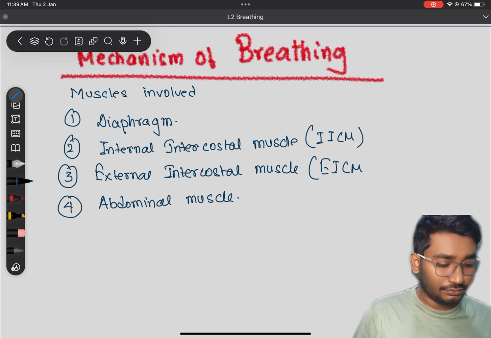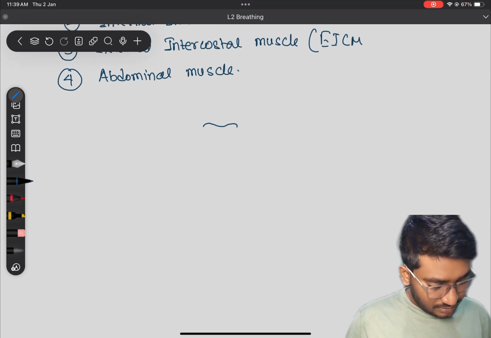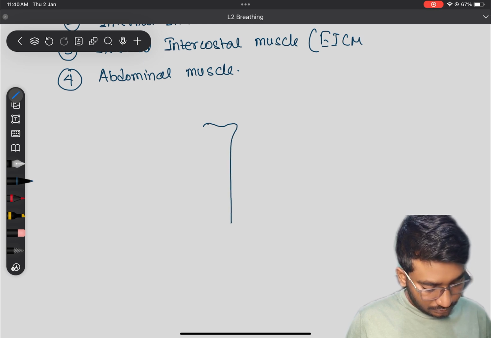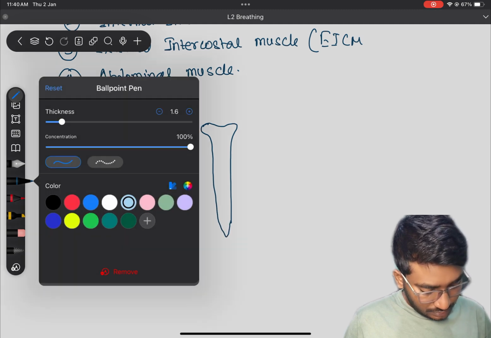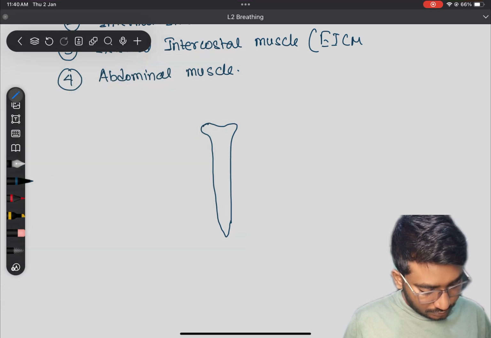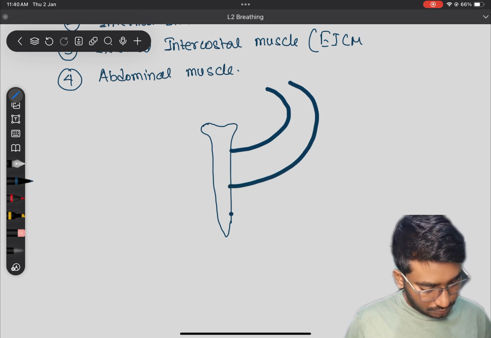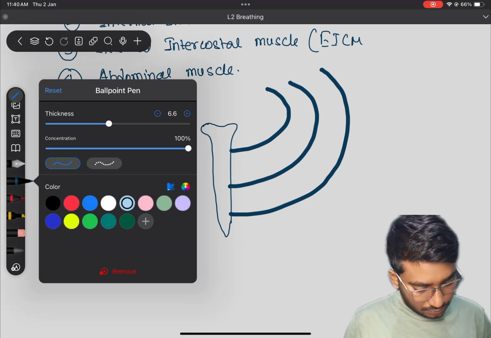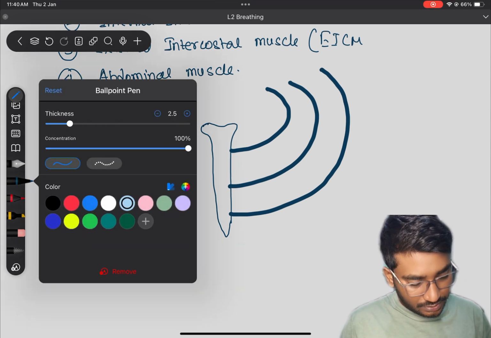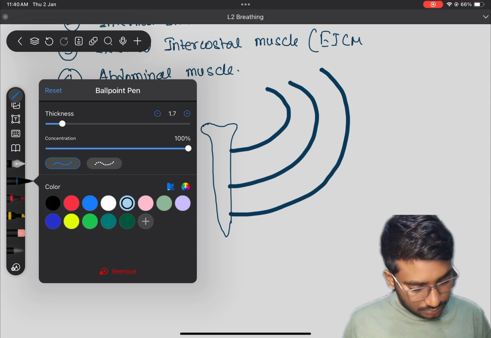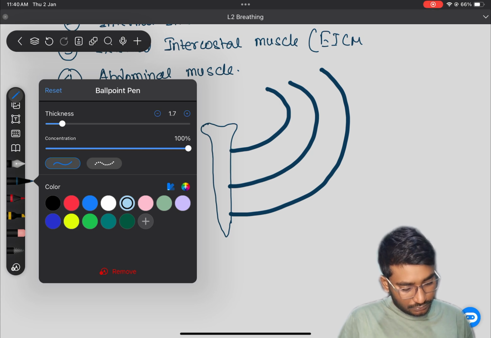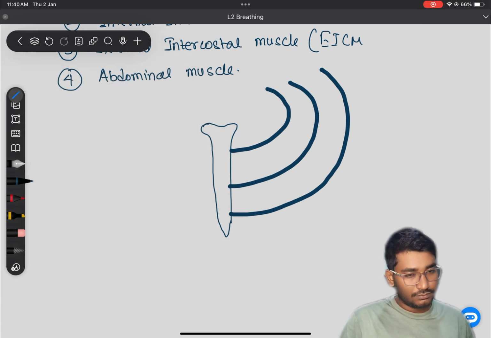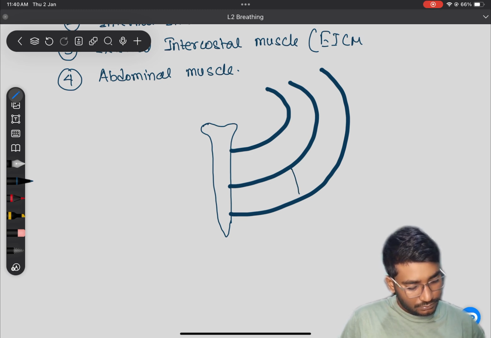Okay, now if this one is the sternum and this one continues to the ribs, this is the intercostal muscle.